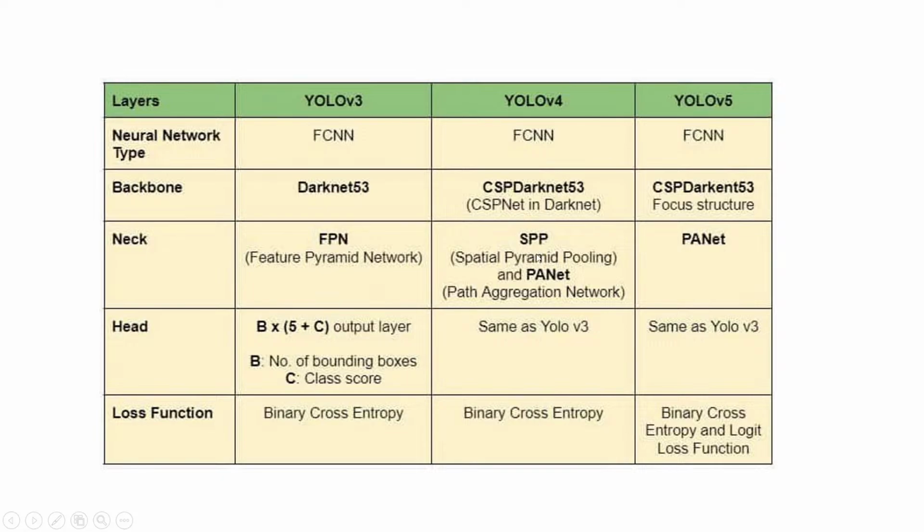In case of YOLO V4, it is spatial pyramid pooling and path aggregation network. In case of YOLO V5, it's PANet, path aggregation network. And the head in this case is a D into 5 output layer, and it will generate this many output layers, with B being the number of bounding boxes and C being the class node.